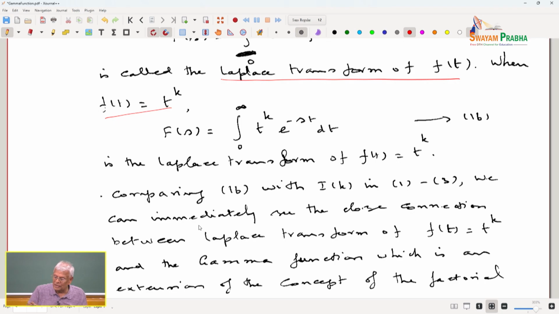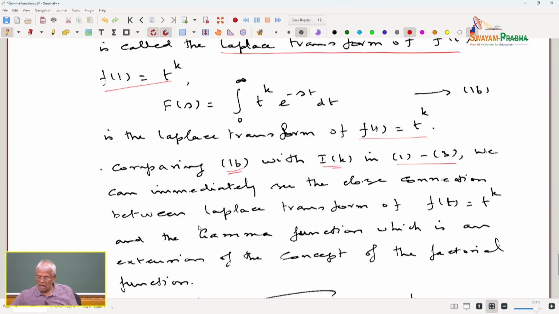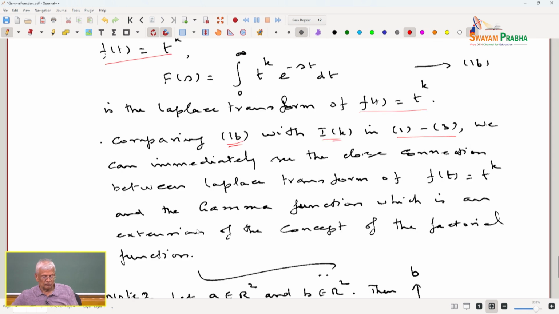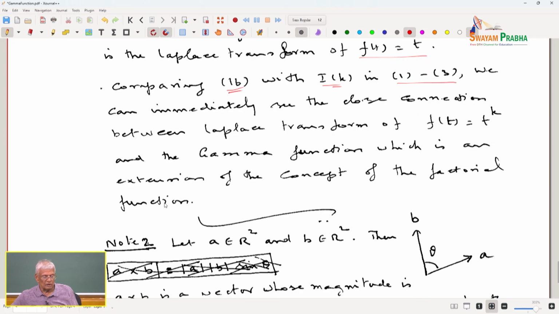So by setting f of t is equal to t to the power of k, comparing 16 with 1 to 3, we immediately see the close connection between Laplace transform of t to the power of k and the gamma function, which is an extension of the concept of factorial function. So factorial for integers, factorial for non-integers, gamma function. Gamma function is a special case of a Laplace transform.